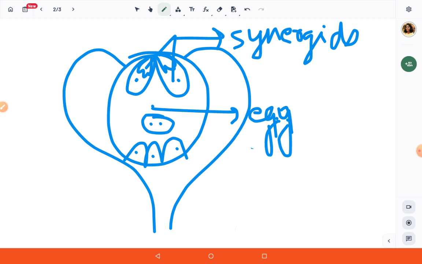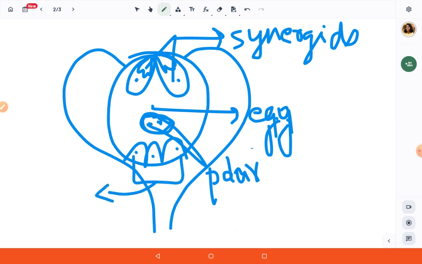I will tell you about it. Now these 2 nuclei are enclosed under one cell, and these 2 nuclei are called polar nuclei. They are enclosed under one cell only.